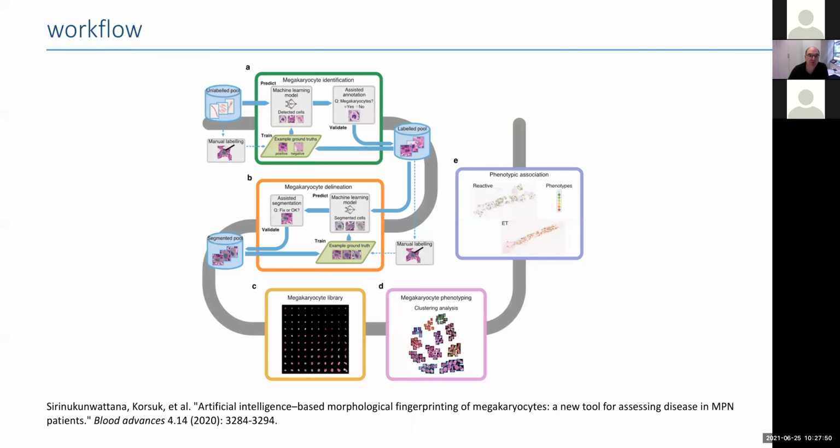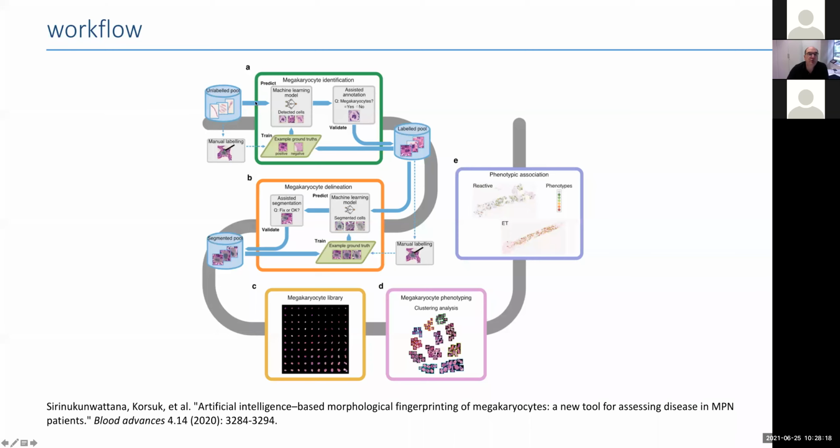So the workflow we developed more or less employs the tools of detection and segmentation most of you are familiar with, to build a large annotated library of megakaryocytes. So we set ourselves the goal initially to start out with a library of 20 to 30,000 megakaryocytes.